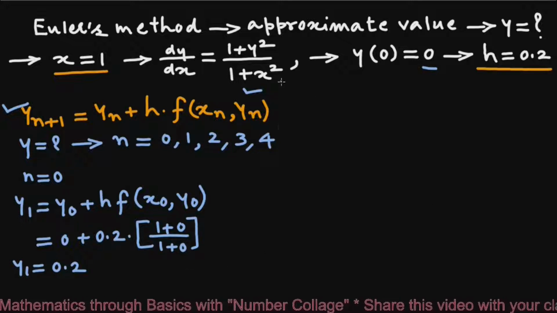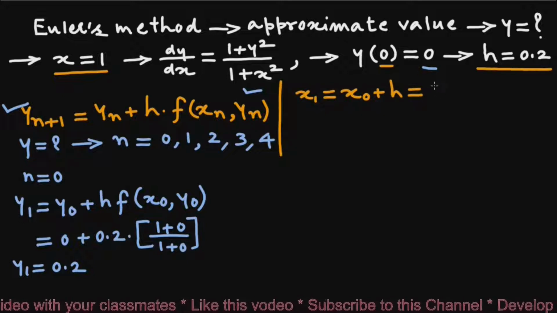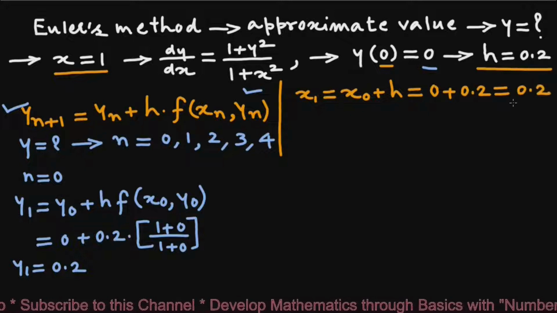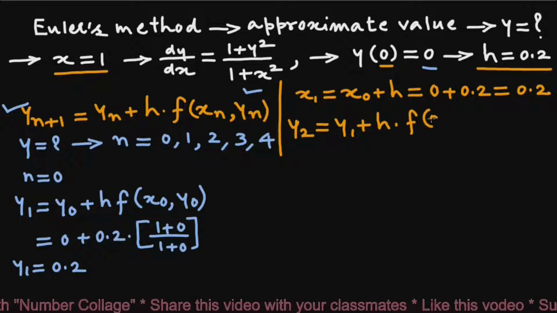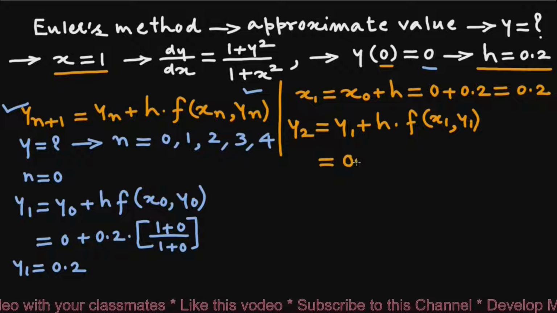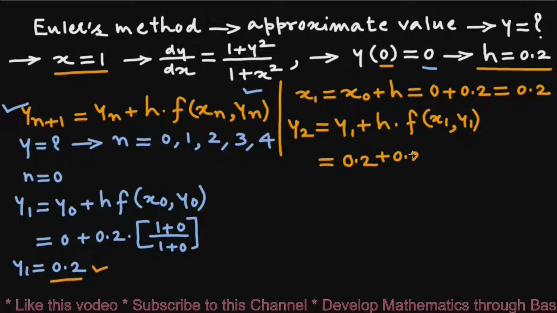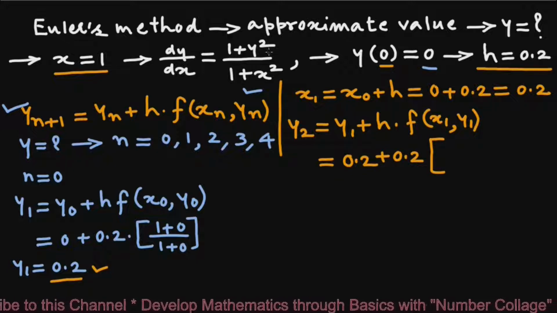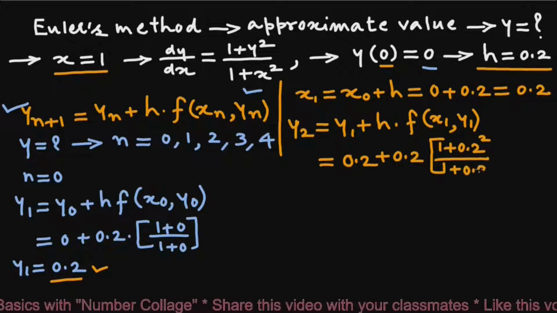Next we have to find x1, which will be x0 plus h. x0 is 0 plus h is 0.2. So x1 will be 0.2. Now y2 will be y1 plus h times f of x1 y1, that will be, we have y1 equals 0.2 here plus h is 0.2 multiplied by f of x1 y1, which will be (1 plus 0.2 square) upon (1 plus 0.2 square).